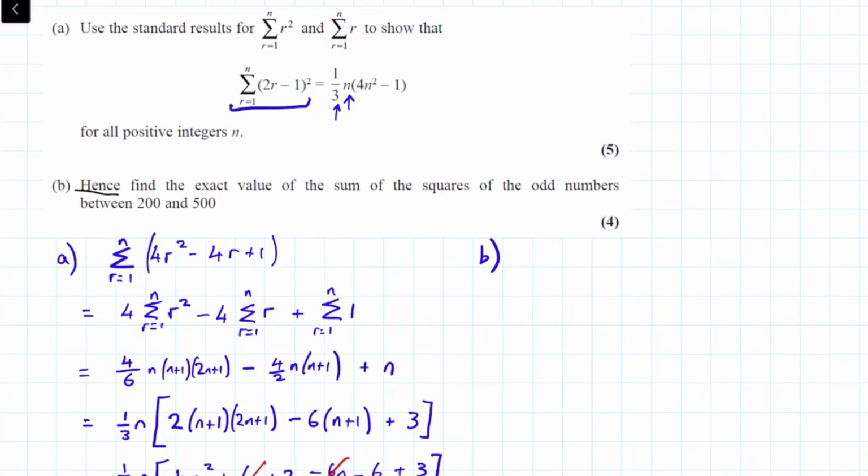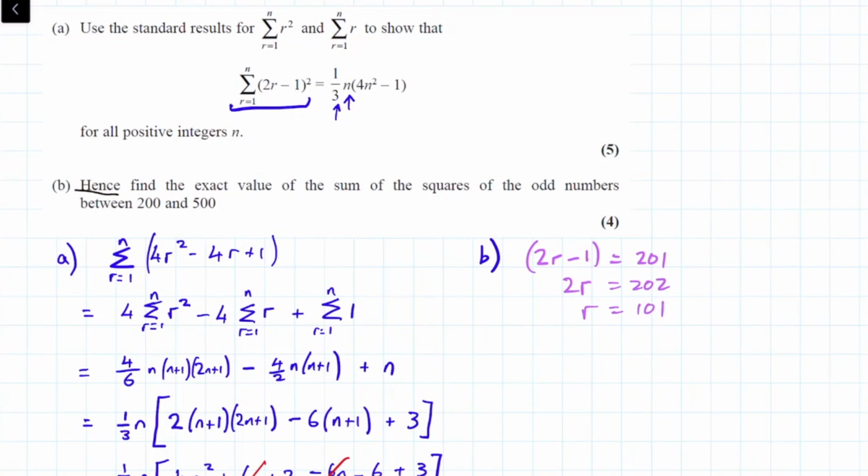So the first one we need is when 2r minus 1 equals, well, the first odd number above 200 would be 201. So we need to make 2r minus 1 equal to 201. What value of r does that give us? Well, 2r would be 202, so r would be 101.